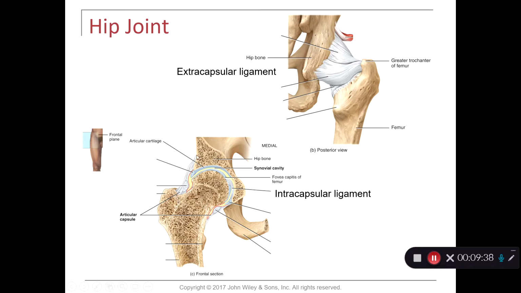Ligaments, again, are that dense fibrous connective tissue connecting bone to bone. You can have extracapsular ligaments that you see here, or intracapsular ligaments like you see here that's coming off of that process on the head of the femur, the fovea capitis, and inserting into the acetabulum.